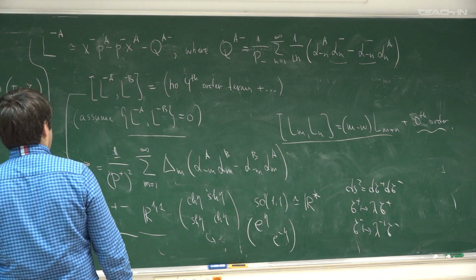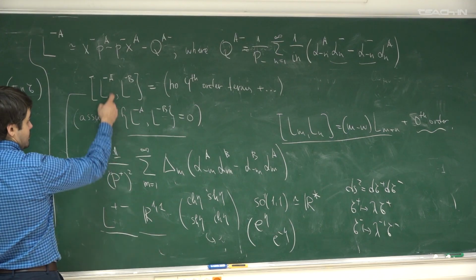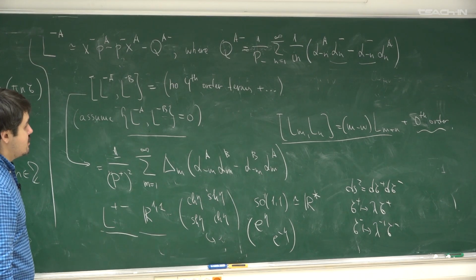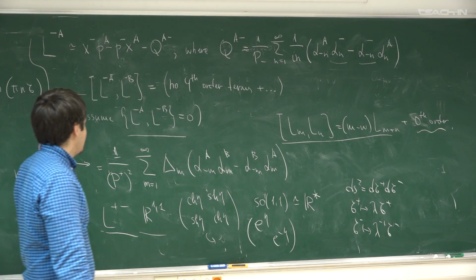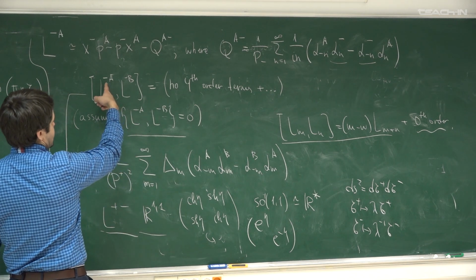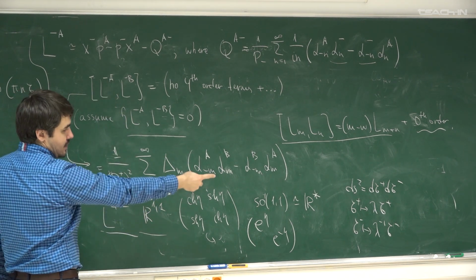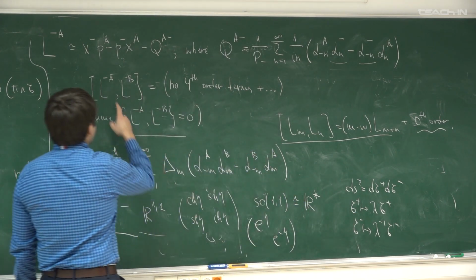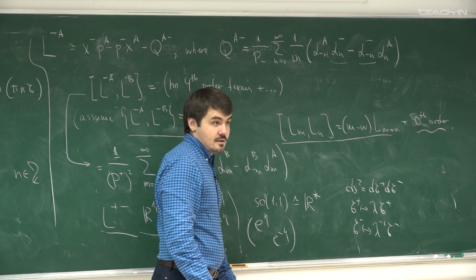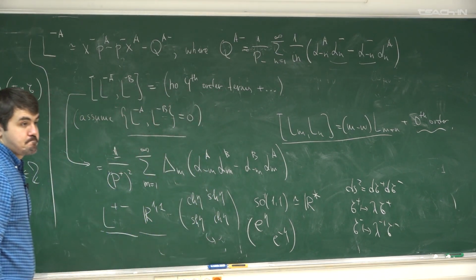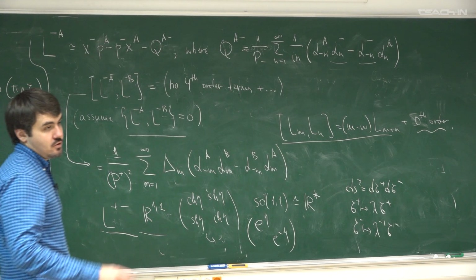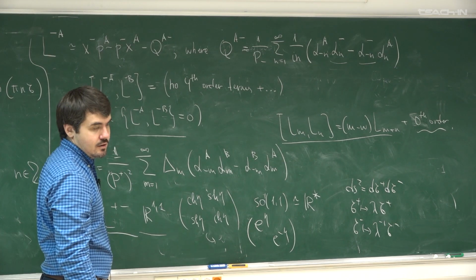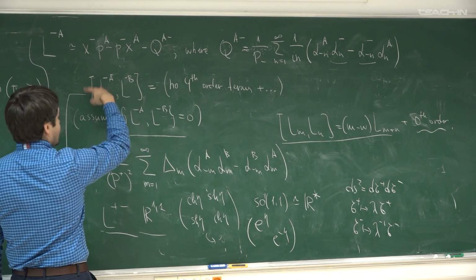So we should look at how the left-hand side transforms under this. You will find that it is multiplied by lambda. When you rescale the coordinates, L minus is multiplied by lambda, just because L minus is x minus P A. So x minus is multiplied by lambda, so L minus is multiplied by lambda, and this is multiplied by lambda squared.